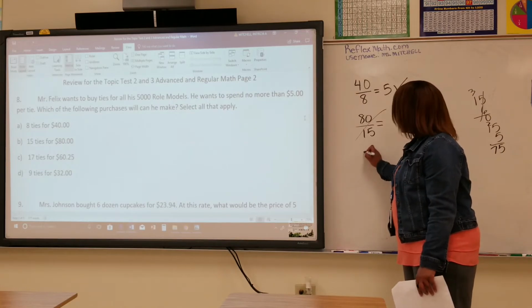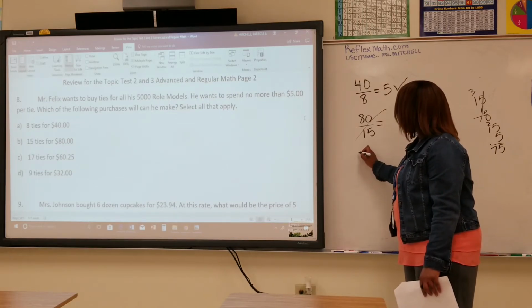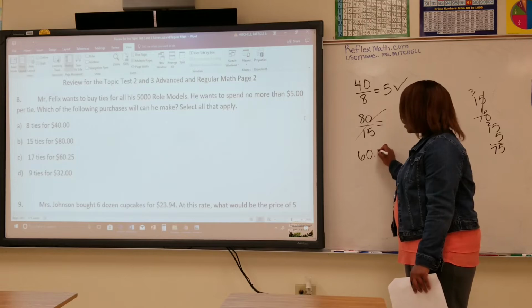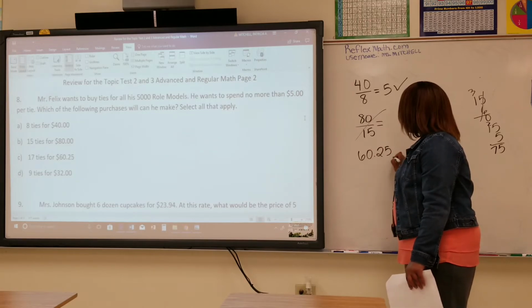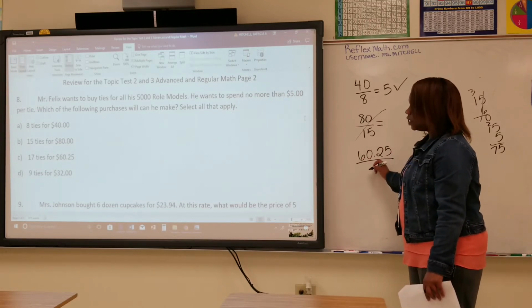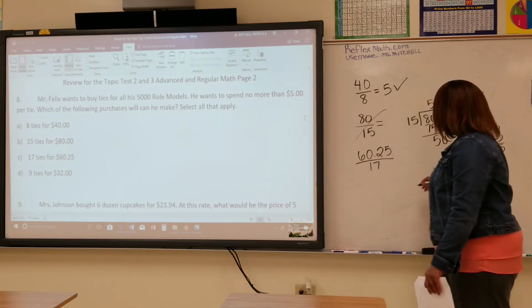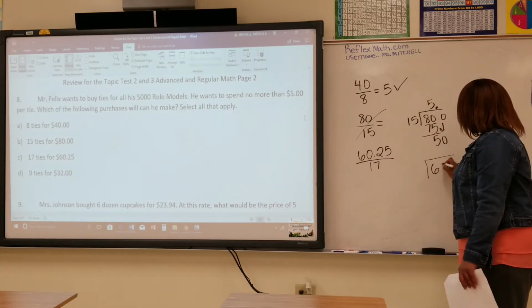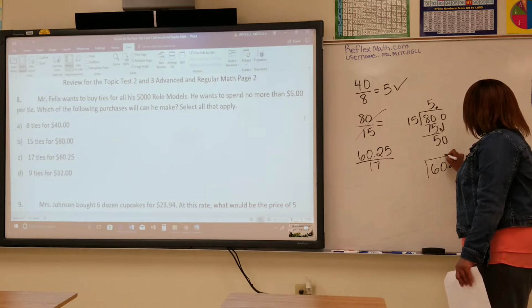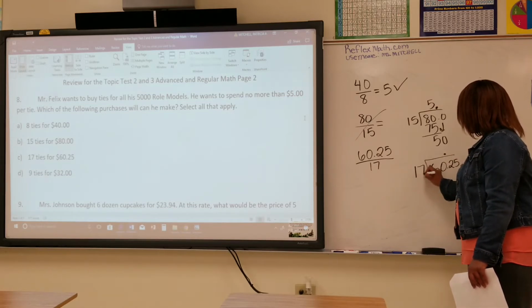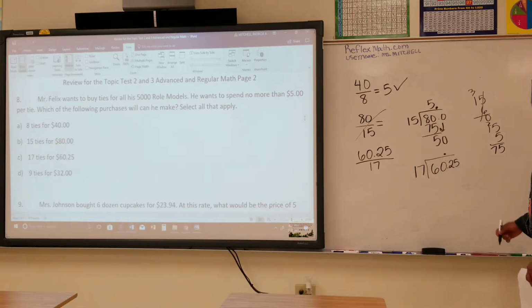C says 17 ties for $60.25. So when we divide $60.25 divided by 17, don't forget that decimal at the top. So here, 17, can 17 go into 60? It can. Let's see how many times.